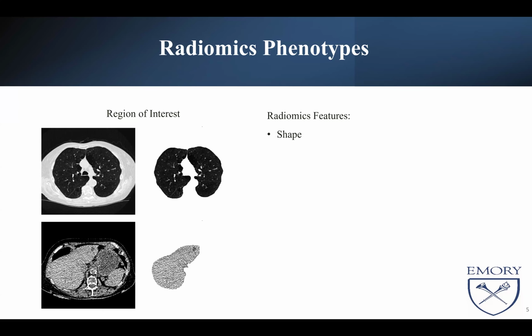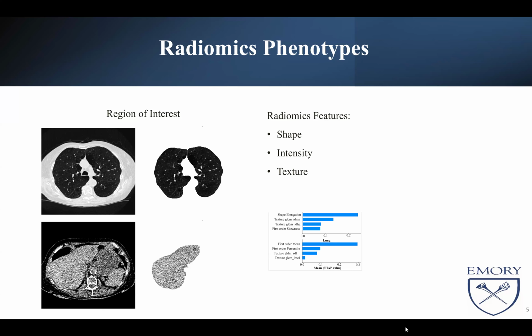So now, to extract radiomic features, you have to put three things at the back of your mind. You need to extract shape features, you need to extract intensity features, and you need to extract texture features. The shape feature could be any form of features that I've listed before. So this is a typical example of a radiomic feature that has been extracted.